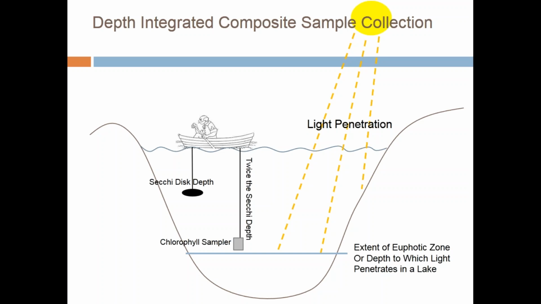So when we do a sample, you actually want to drop our composite sampler to twice the Secchi depth so that it collects water throughout this entire range. So that's kind of the reason why we're measuring Secchi, is because we need to know how far the light can penetrate.